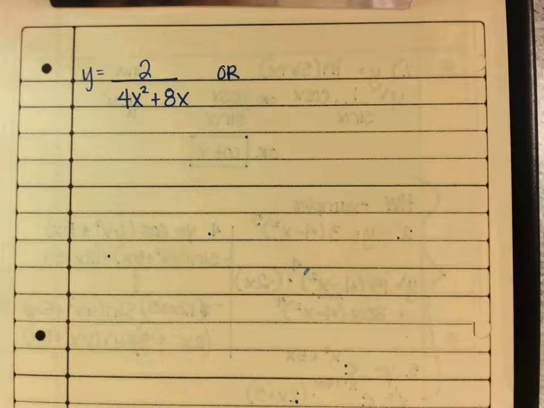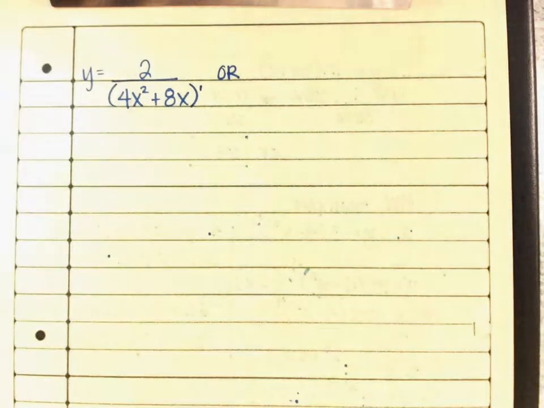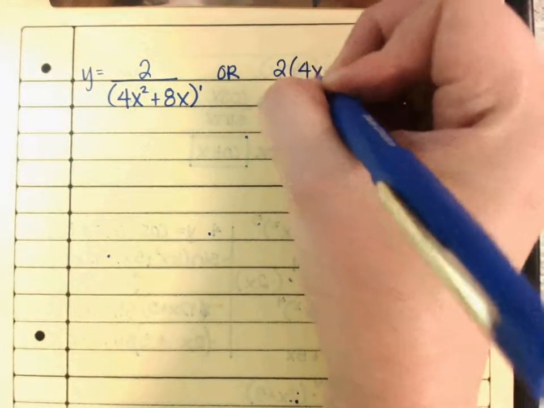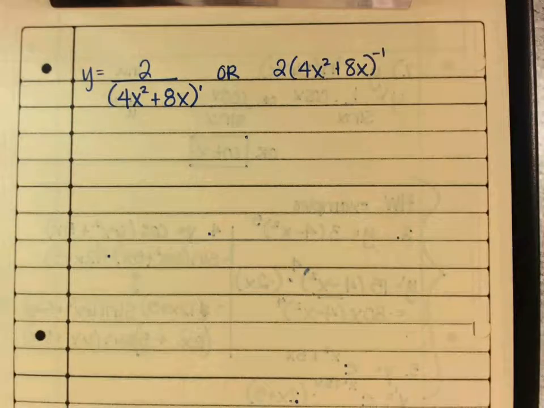What power is it? A 1. So when I bring it up, what's it going to be? -1. So 4x squared plus 8x, but now it's to the -1. Okay? Take your derivative, write it down please, then we'll check it.